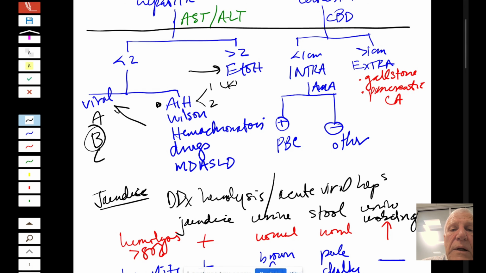Our type 1 is liver, kidney, microsomal, because it's going to be looking for a specific protein in the cytosol, which is one of the CYP enzymes. And I'm not going to bring it up today because I certainly don't want you to know it. But the second pattern, the more common in adults, is going to be anti-smooth muscle antibodies. And this is to an element of the proteins of smooth muscle, which is going to be actin.